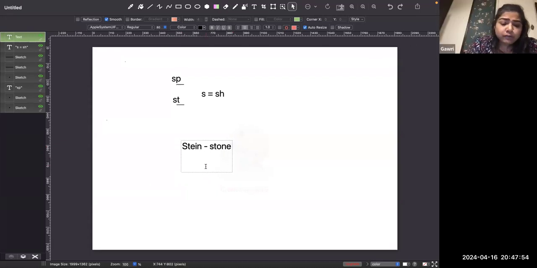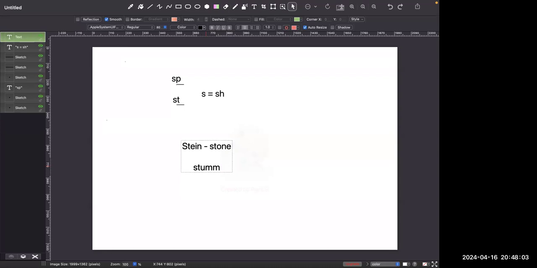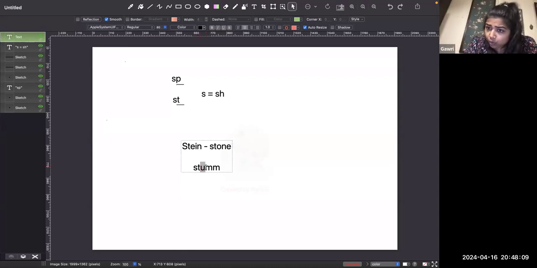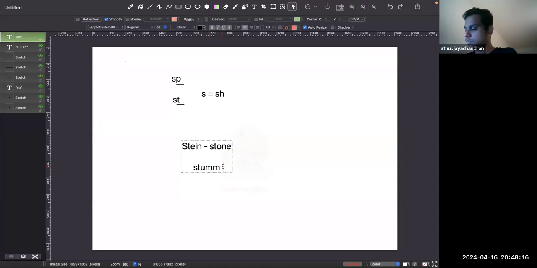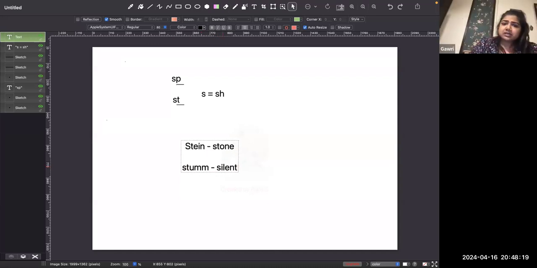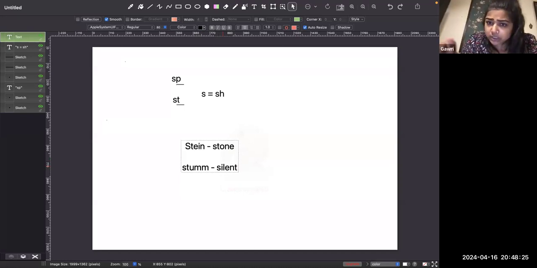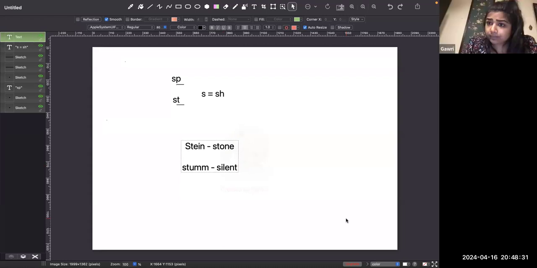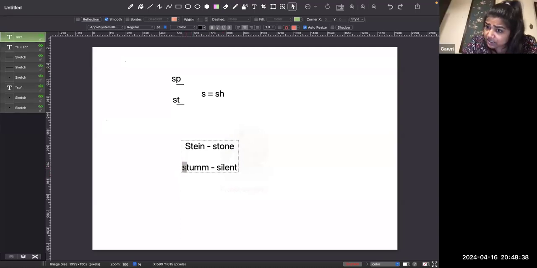Then how would we pronounce this word? Stumm. How is U pronounced? Stumm. Stumm basically means silent. How will we pronounce S in this word?